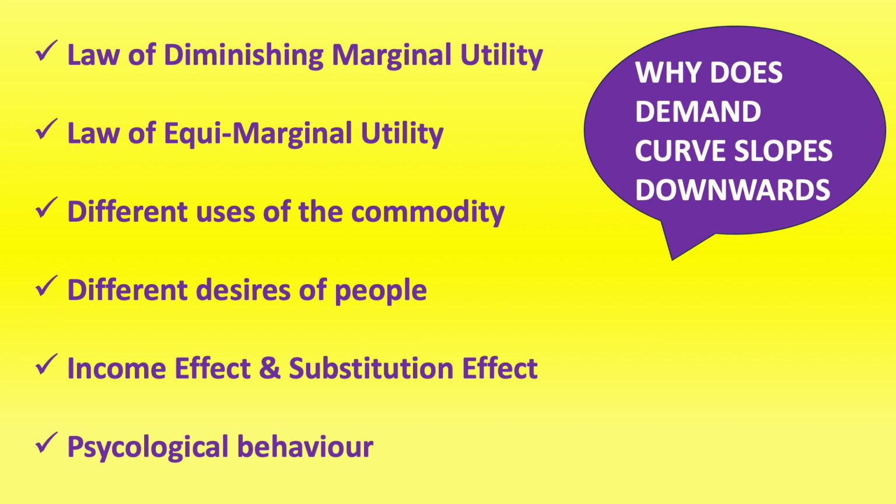So psychologically, people prefer more when the price is less, and purchase less when the price is more. These are the concepts which support the theory of demand, and because of these concepts, we say that the demand curve slopes downwards from left to right.